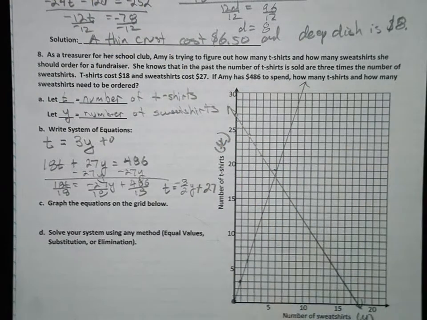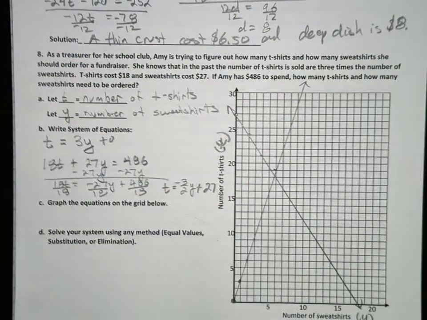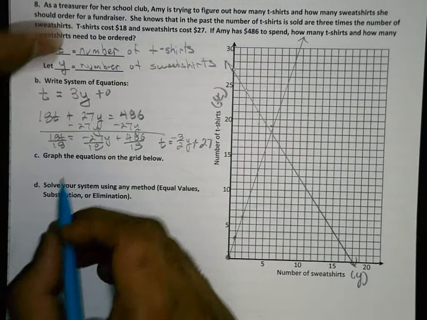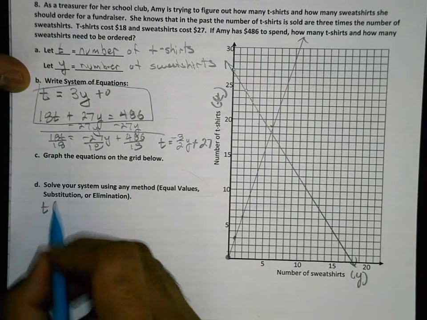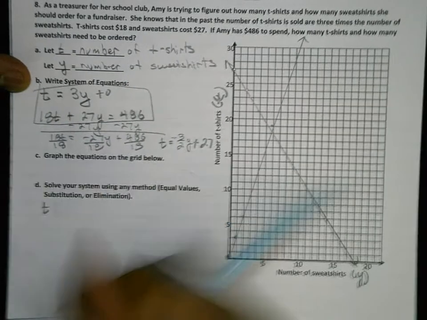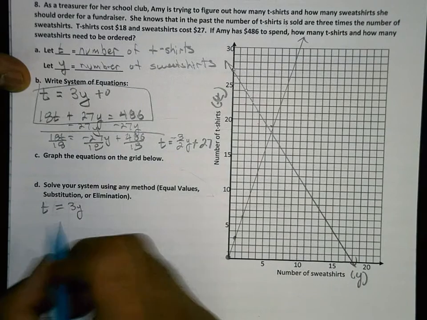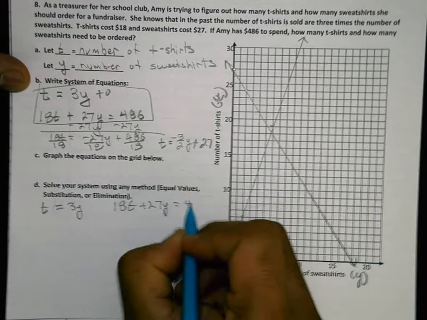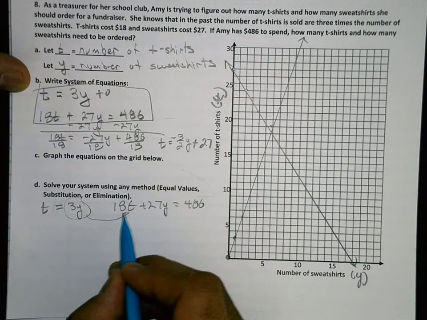Okay. And then I'm going to go ahead and solve this algebraically, then I'll look at my answer. Okay, so now I'm going to take these two right here. I'm going to rewrite these. So T equals 3y, and then 18t plus 27y equals 486. So I got t by itself, so I'm going to substitute in right there.